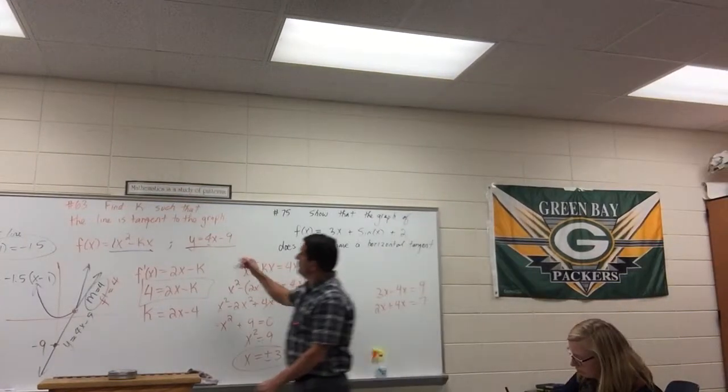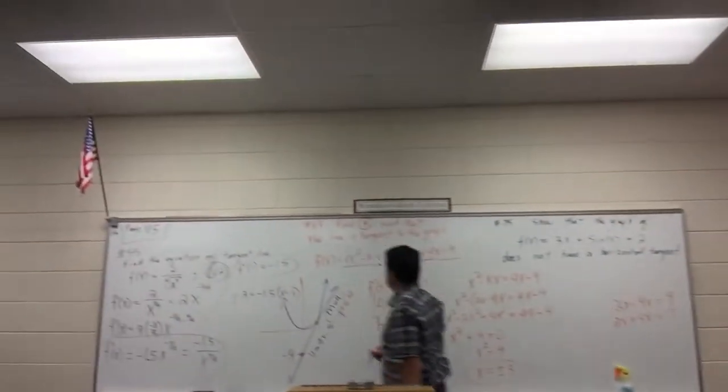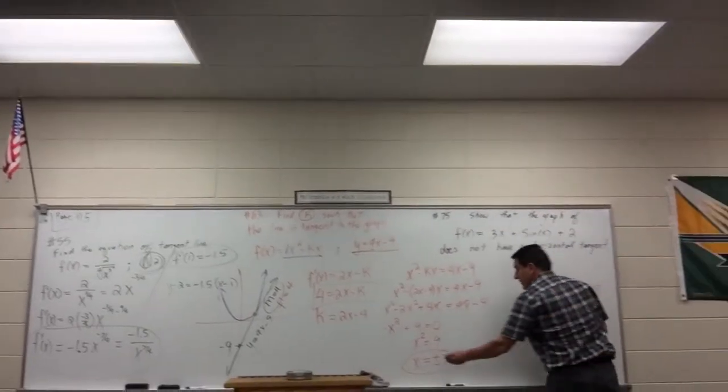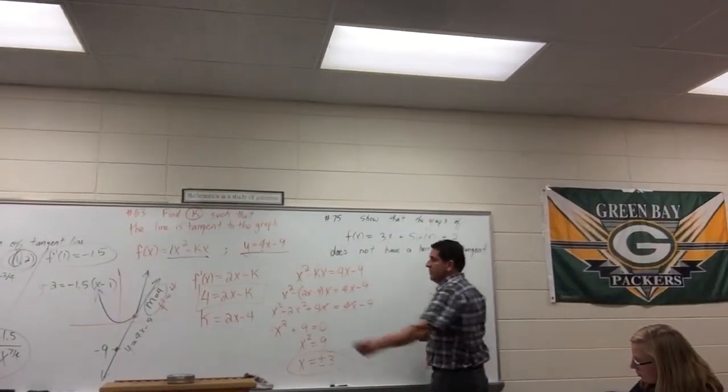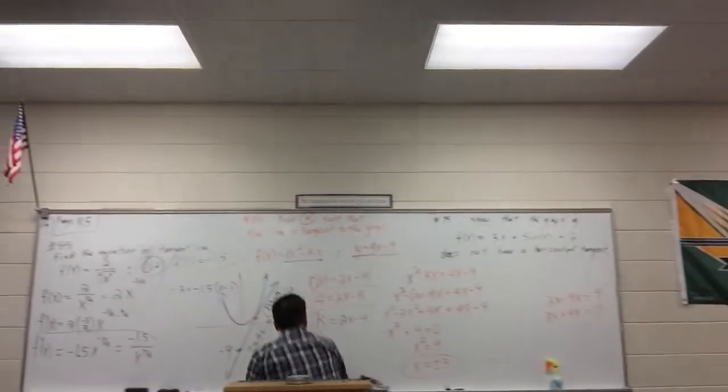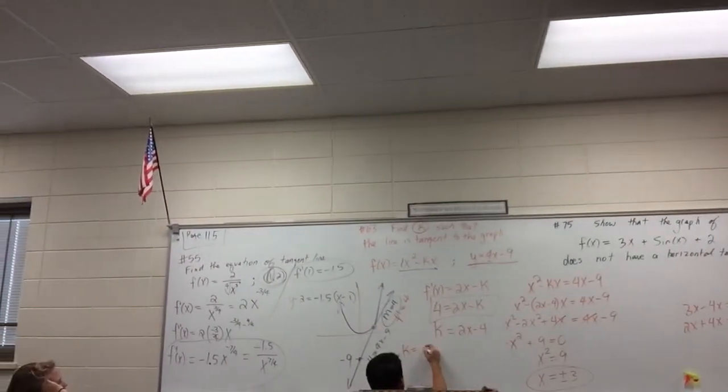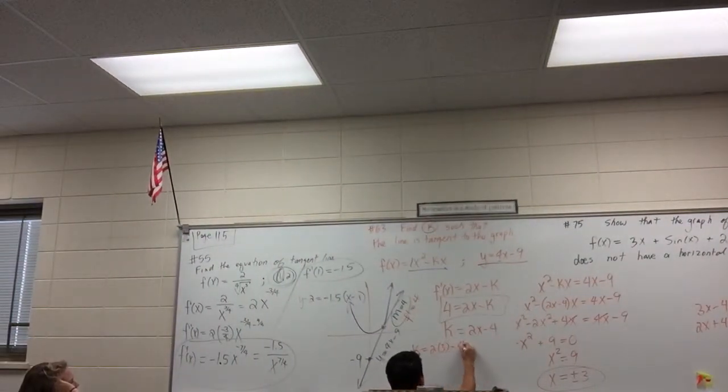Well, the original problem was to solve for k. So that means we're going to take the x values and plug them in, and so k is equal to 2 times 3 minus 4, which is 6 minus 4, which is 2, and k is equal to 2 times negative 3 minus 4, which is negative 6 minus 4, which is negative 10.